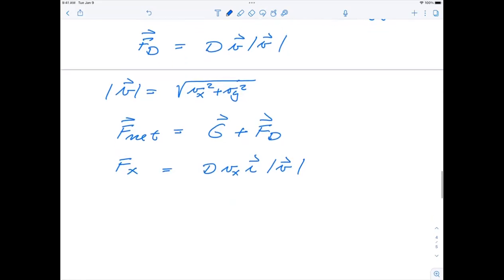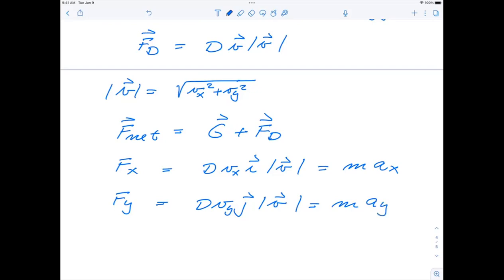Now, this will definitely then define the mass of the object times the acceleration in the x direction. And finally, we have a similar equation for the y direction. So we would have j multiplied with this v here, and that defines our m multiplied with a of y.